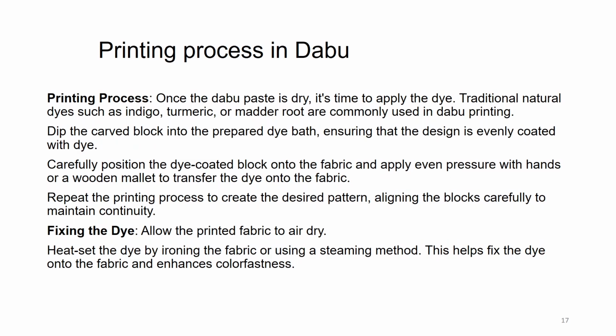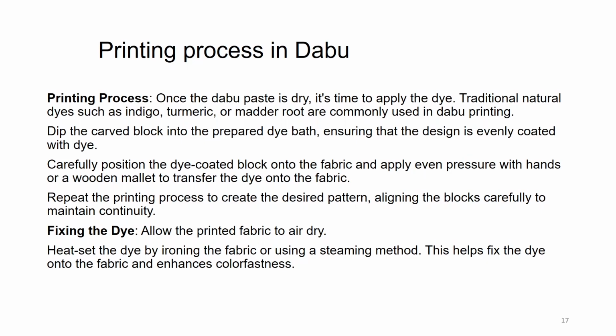Printing process. Once the Dabu paste is dry, it is time to apply the dye. Traditional natural dyes like indigo, turmeric or madder are commonly used in Dabu printing. Dip the carved block into the prepared dye bath, ensuring that the design is evenly coated with dye.